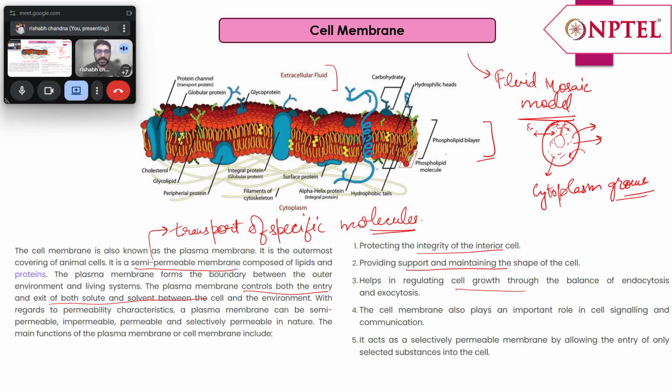And if there is shrinkage in the cell, then the cell membrane allows the endocytosis of substrates or molecules so that it can increase the amount of cell content for optimum conditions.